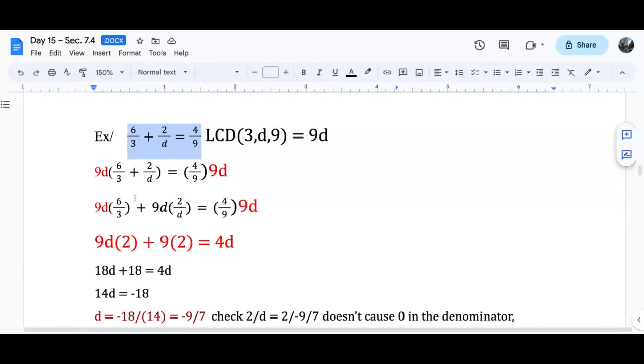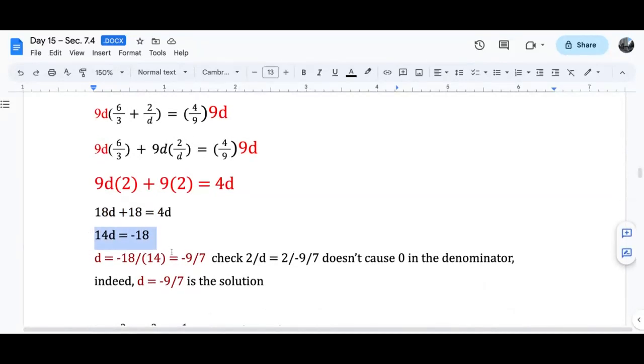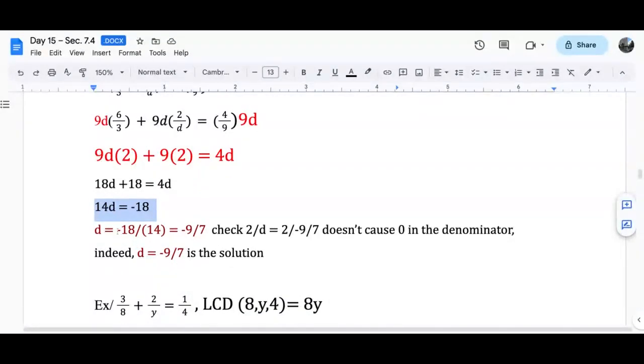So we multiply 9d on both sides. Simplify. So we get 18d plus 18 equals 4d. Subtract 4d on both sides. Then divide by 14 on both sides. Simplify it. So we get d equals negative 9 over 7.